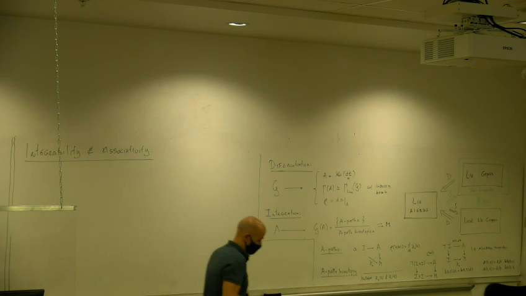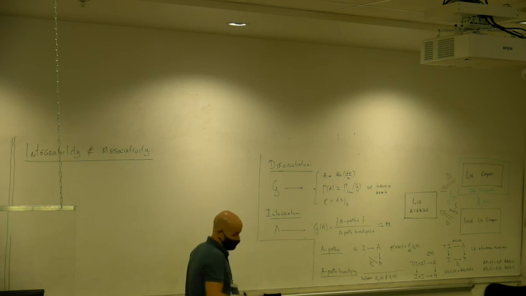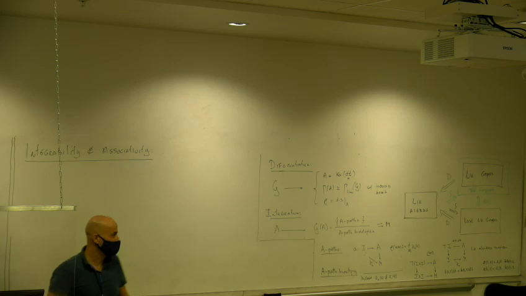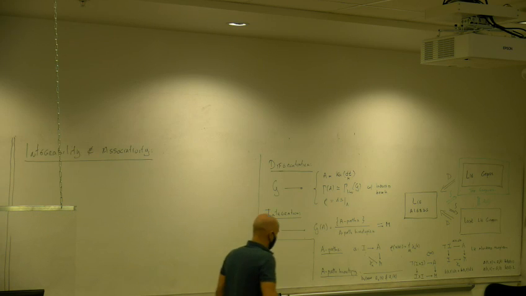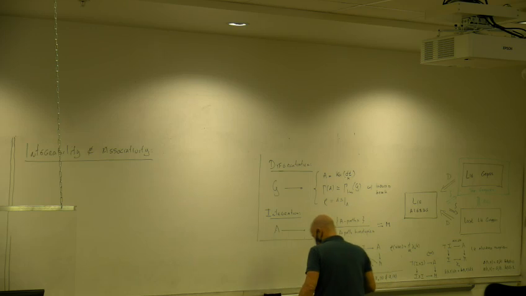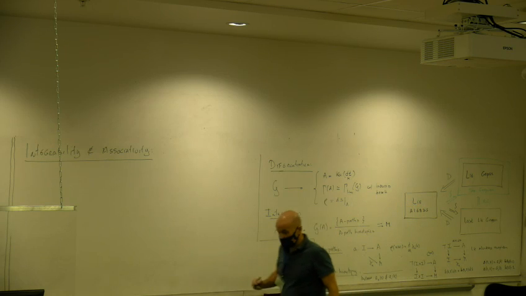And eventually, after many years, a complete theory was developed. And so let me just give you a very quick summary of that. So to describe the obstructions, let me do the following thing.